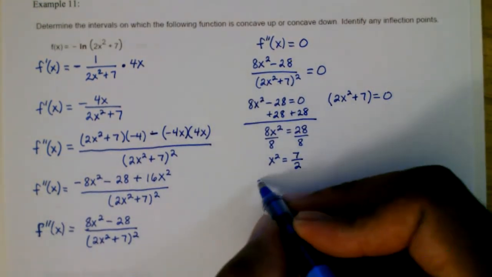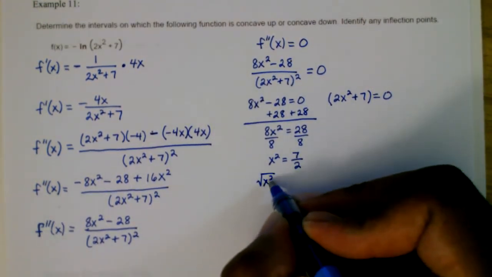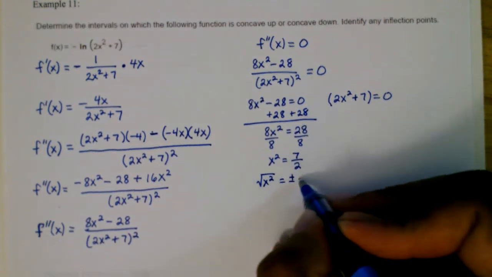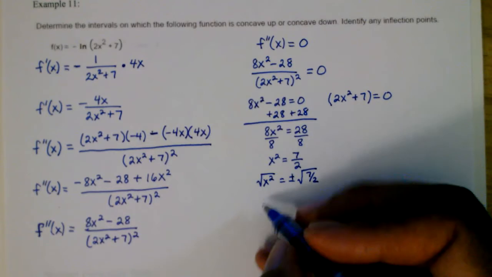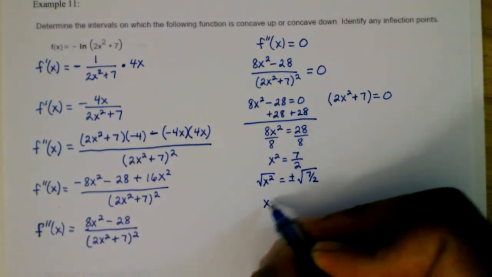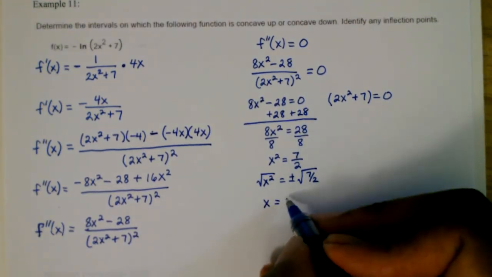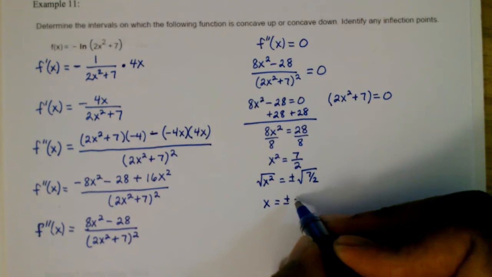And then take the square root on both sides. And I have to include that plus or minus symbol. This will be x is equal to plus or minus.